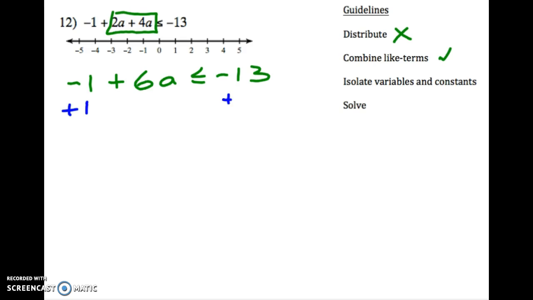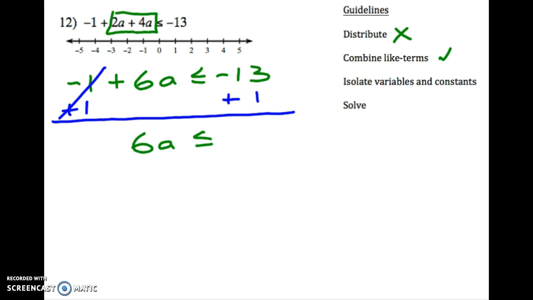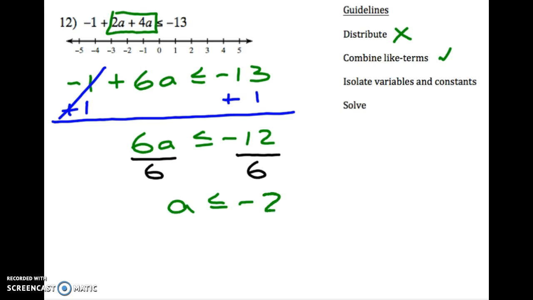So minus 1 can be eliminated by adding it to both sides. That gives us 6a is less than or equal to negative 12. We divide by that coefficient of 6, and we should end up with a is less than or equal to negative 2.